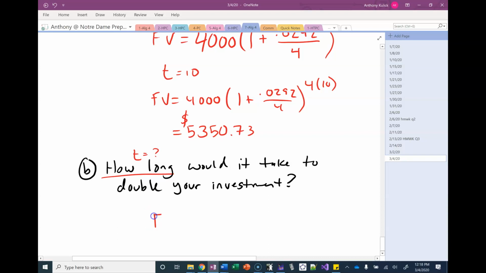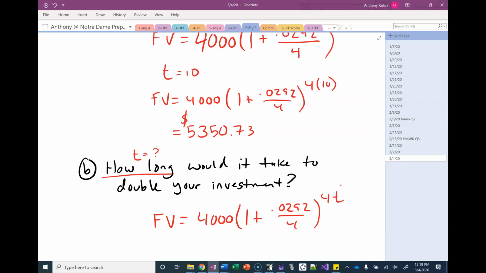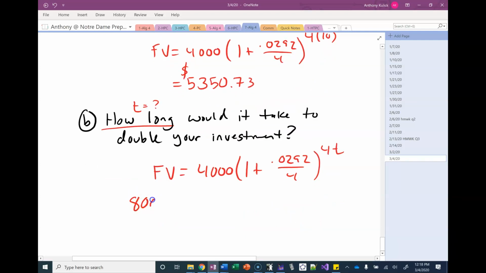So if I think back to our model that we had, we had this, right? We're looking for T. So what is our future value here going to be? 8,000. How did you get 8,000? It's double our investment. Exactly right. Good.